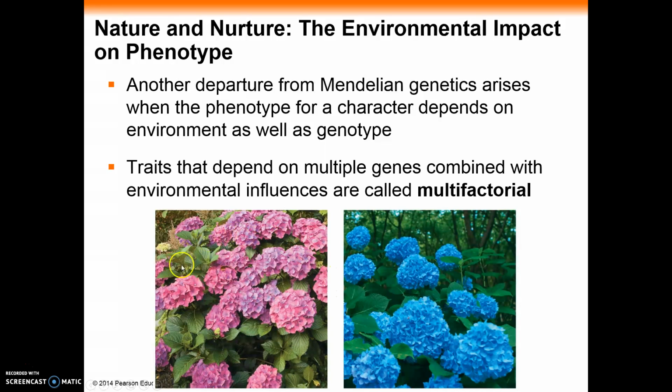So one example of this is these, I believe they're called hydrangea bushes, but they produce these colorful flowers, and the coloration of the flower is actually dependent on the pH of the soil that it's growing in.